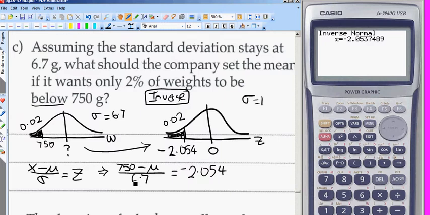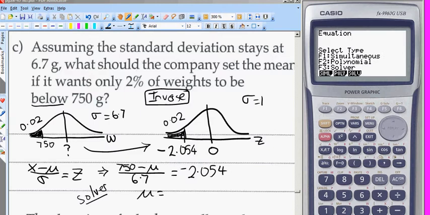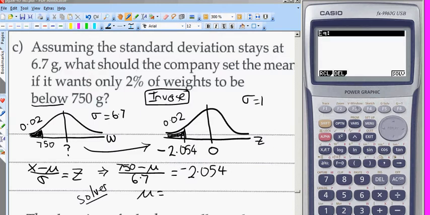Now at this stage and in this course we can just use solver, put all of this into the calculator and solve it to find what the new mean should be. So over to the calculator, we need to go to equation, and we want to solve.